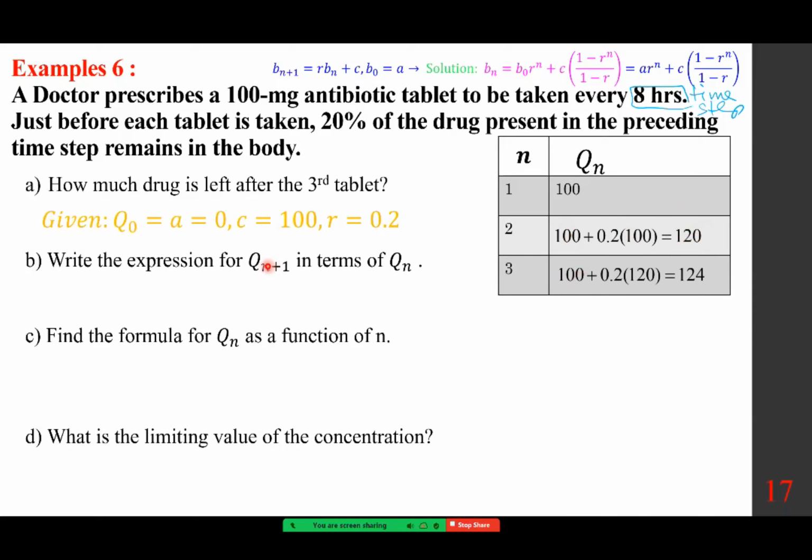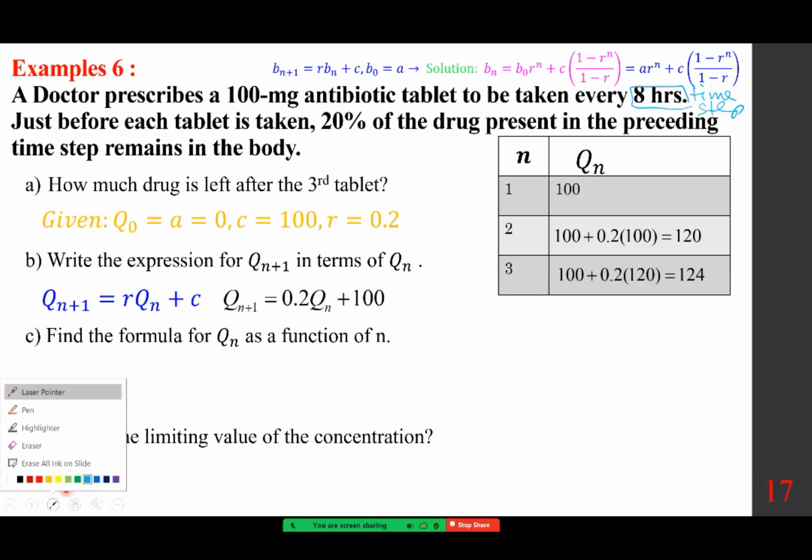Now, over here, we go to this formula, everybody, and replace the B with Q. So this formula, we replace the B with Q. Then all you have to do, go to the given and replace the R with 0.2, lowercase c with 100, and you're done for this part.